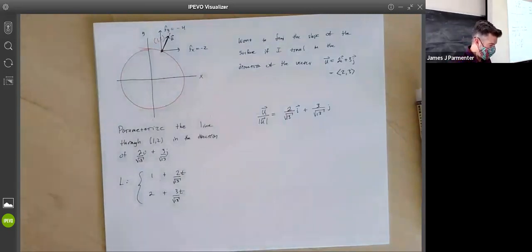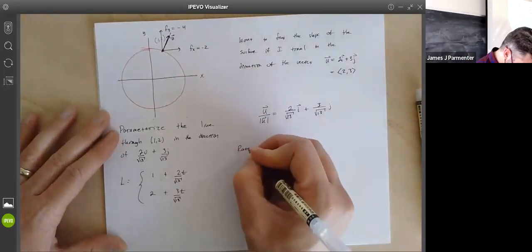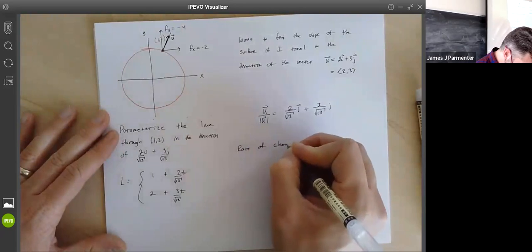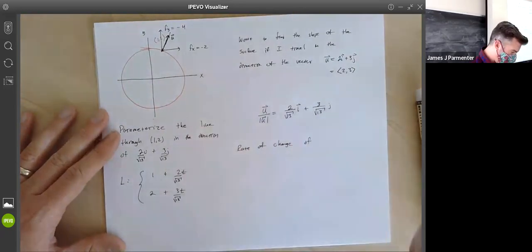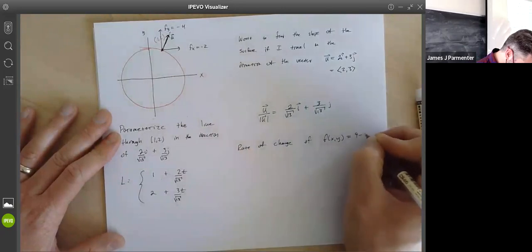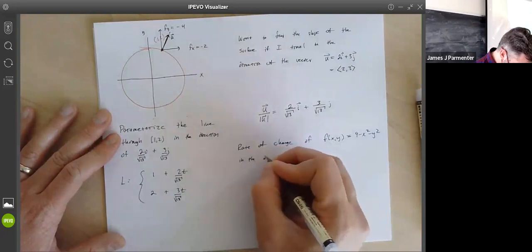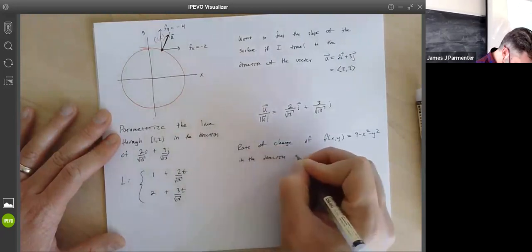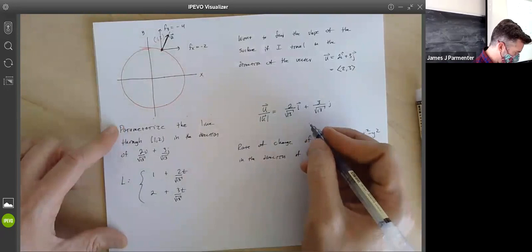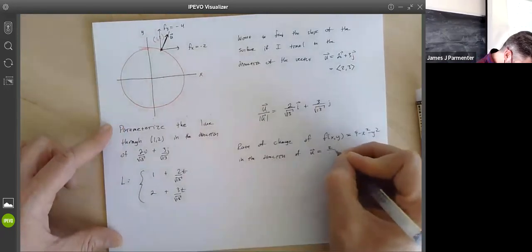Now I want to find the rate of change of my function f, which is 9 minus x squared minus y squared, in the direction of the normalized u, which I'm just going to call this thing here.